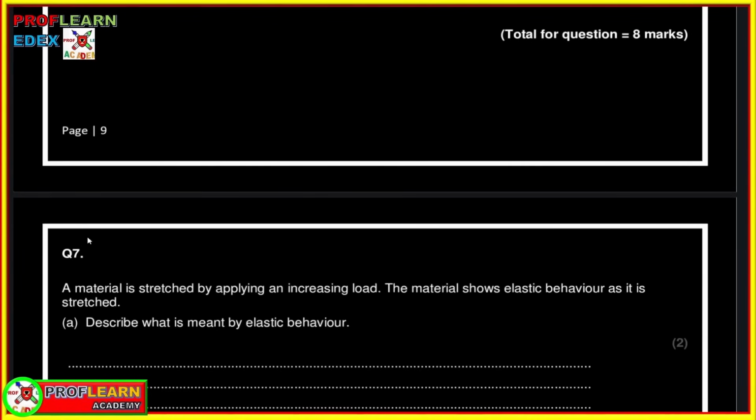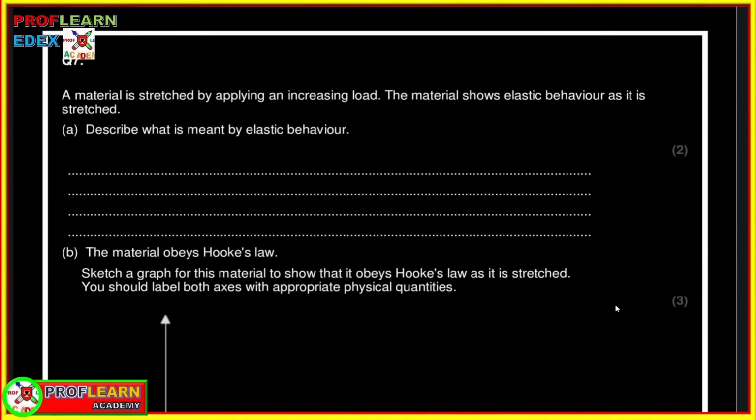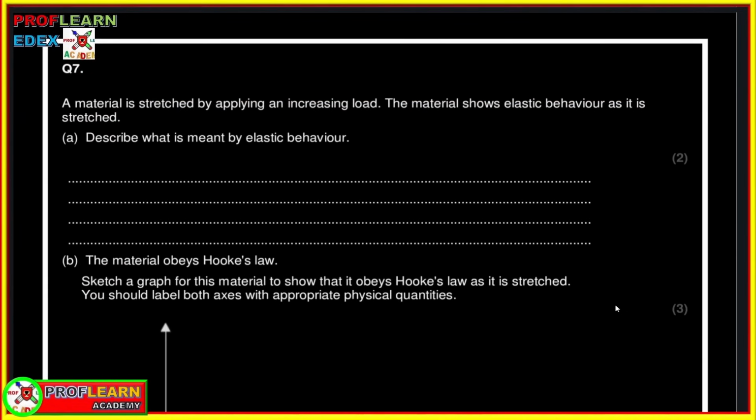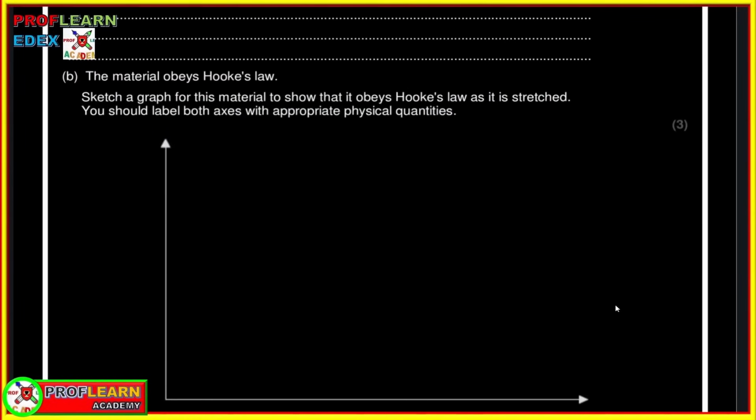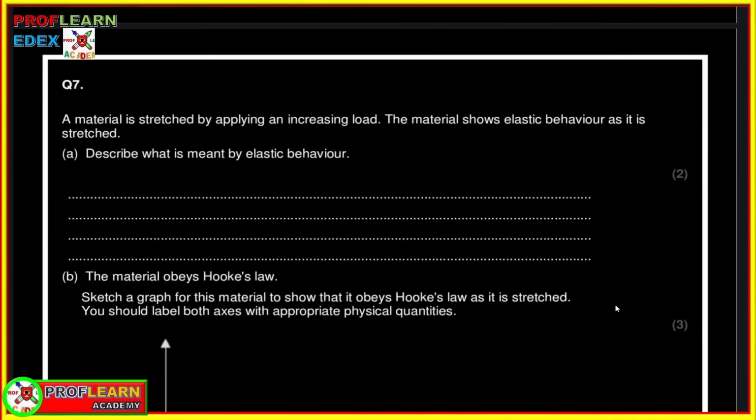Question number 7. This is a question whereby we are told a material is stretched by applying an increasing load, and then we are supposed to describe what's meant by elastic behavior. Different materials stretch, and when the force is released, those materials go back to their original shape and size. Basically, that's what we're going to say.